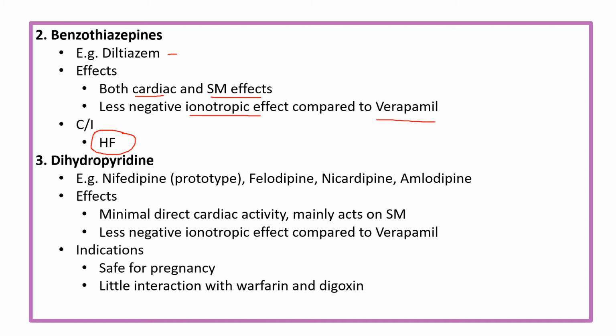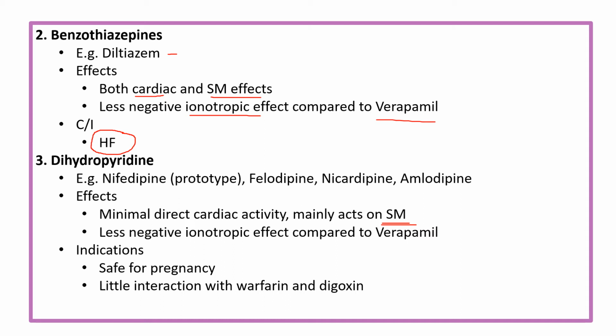The third class of calcium channel blockers are dihydropyridines. Examples include nifedipine, which is the prototype, felodipine, nicardipine, and amlodipine. These drugs have minimal direct cardiac activity, and they mainly act on the smooth muscle of vessels because they have a greater affinity for the vascular calcium channels compared to the myocardium.